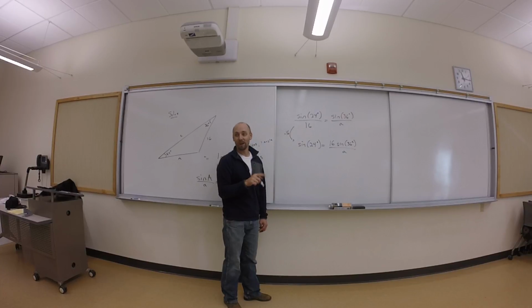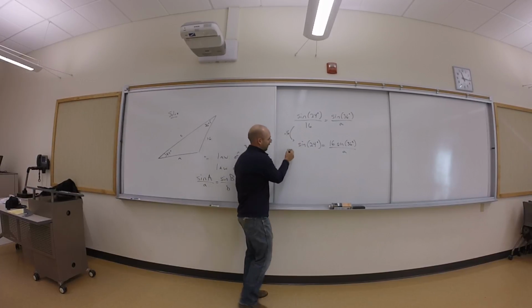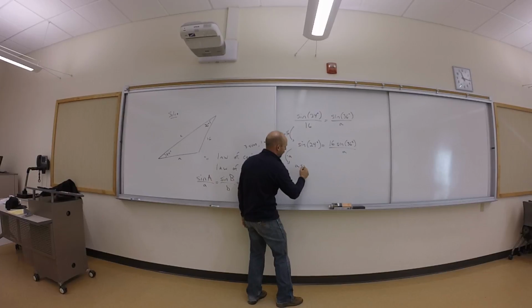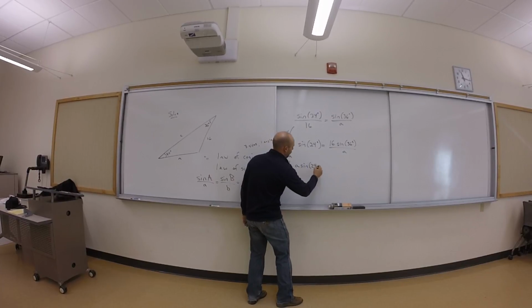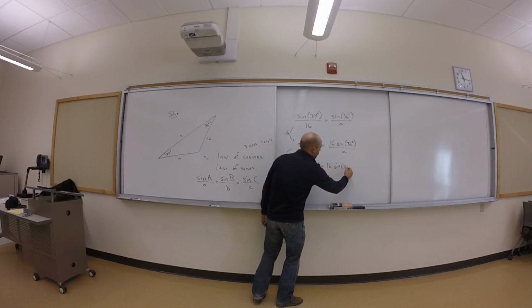All right, what do I want? I want A by itself, right? On the top. A is on the bottom, right? Okay, so I'm going to multiply both sides by A to get it back to the top. So I'll get A sine of 24 degrees is 16 sine of 36 degrees.